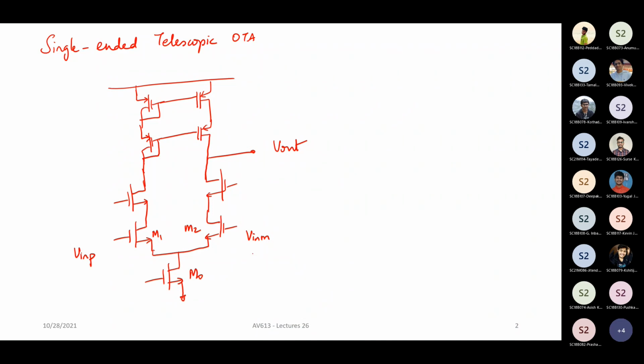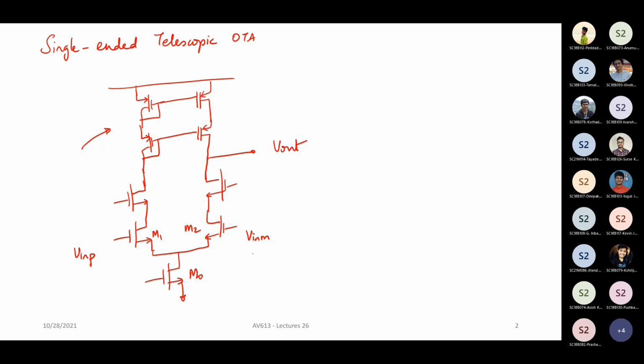All right. Now we know how to design cascode current mirrors. What I have drawn here is a very straightforward cascode current mirror. What is the disadvantage of this cascode current mirror? Signal swing is low. Signal swing is limited, correct?